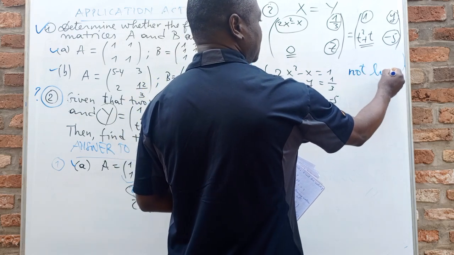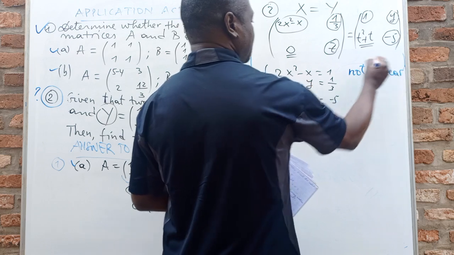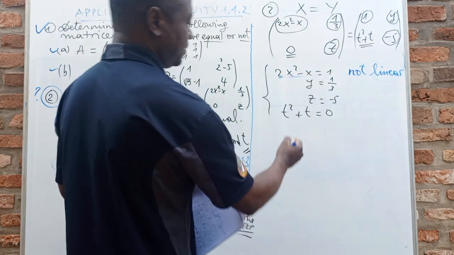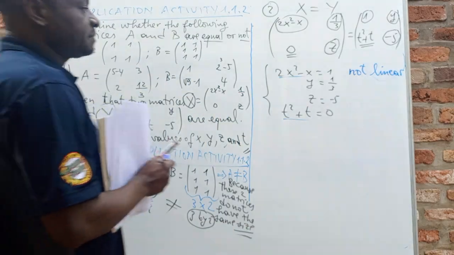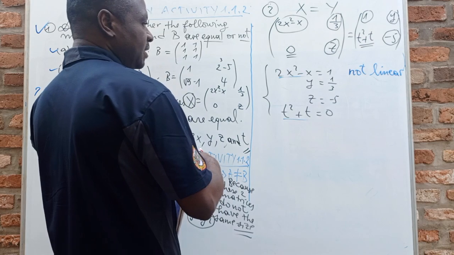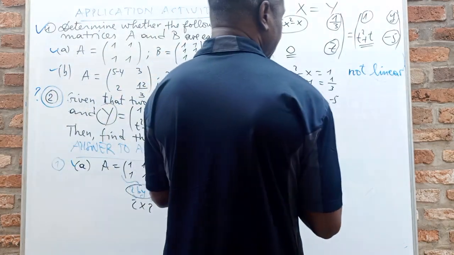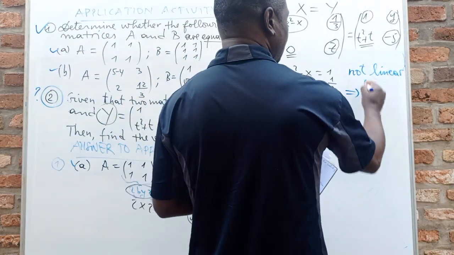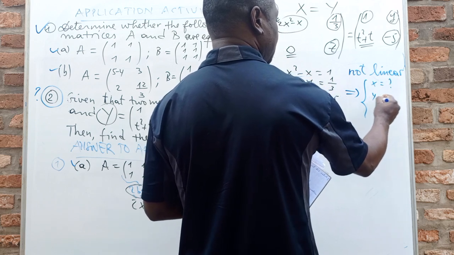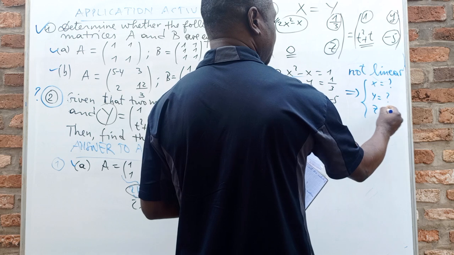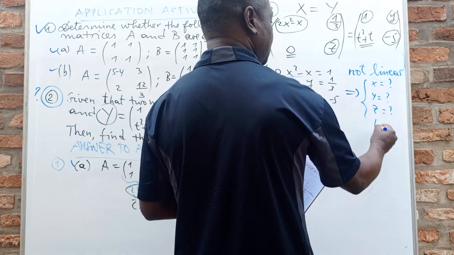It is not linear because of these quadratic polynomials. But we are required to find the value of x, y, z, and t.